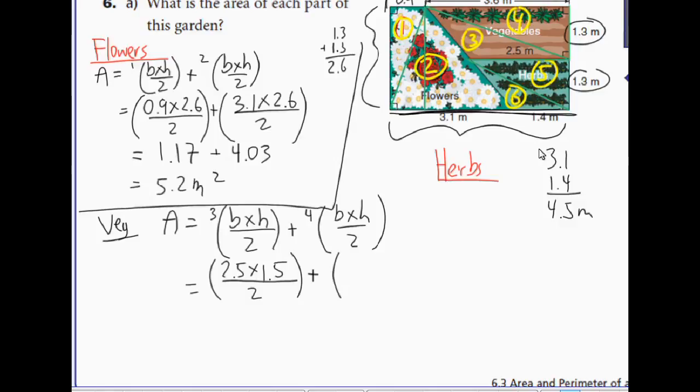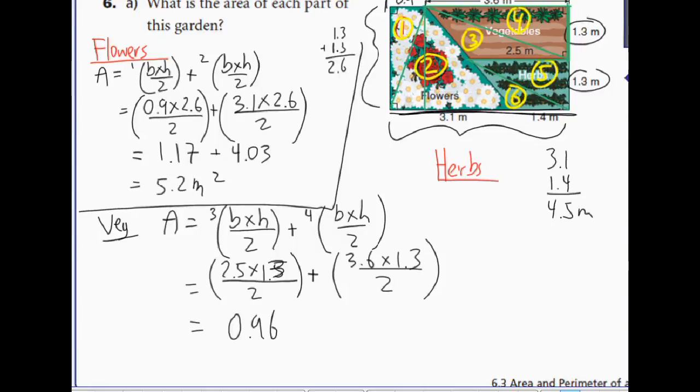Triangle number 4 here. We have a base up here of 3.6 and a height also of 1.3. So it's 3.6 times 1.3. Whoops, I wrote a 5 here. That should be a 3. And all divided by 2. And let's see what we get here. 2.5 times 1.3 divided by 2. This is a very odd decimal. Let's see if I'm right. 2.5 times 1.3.